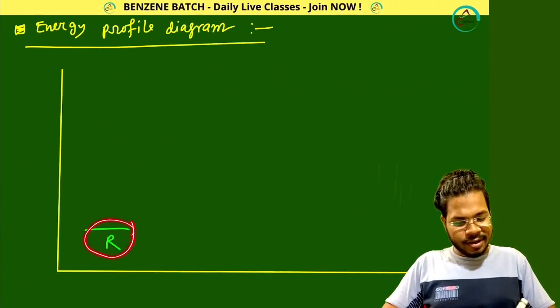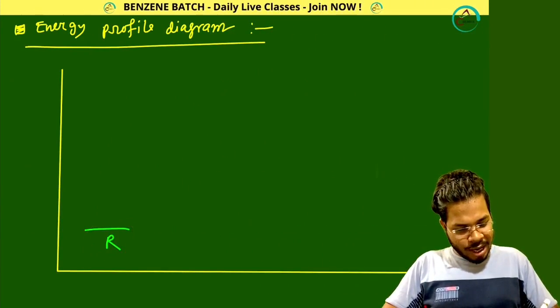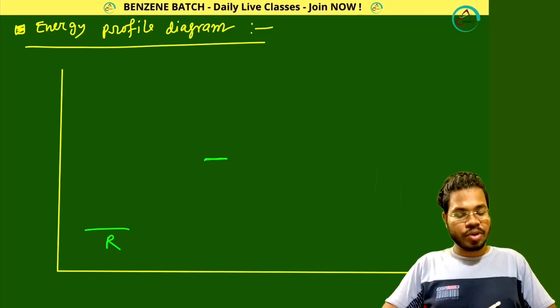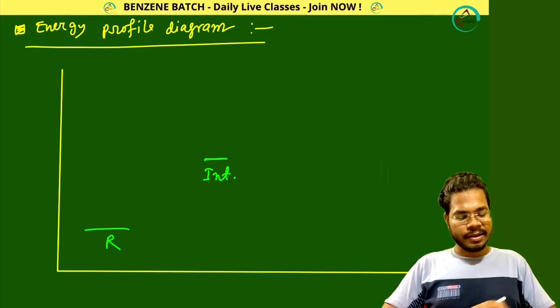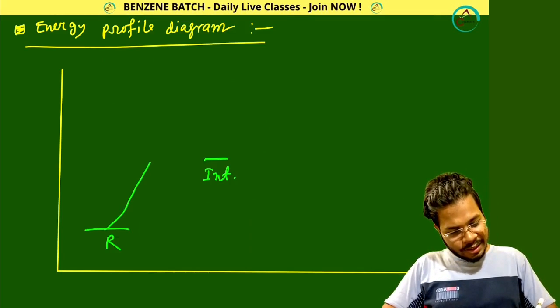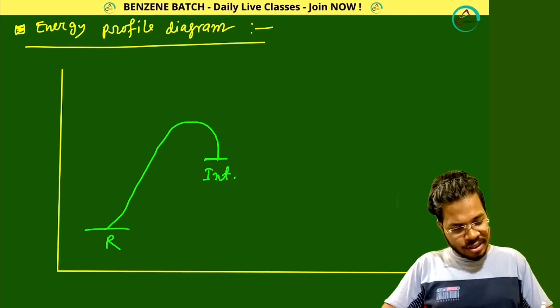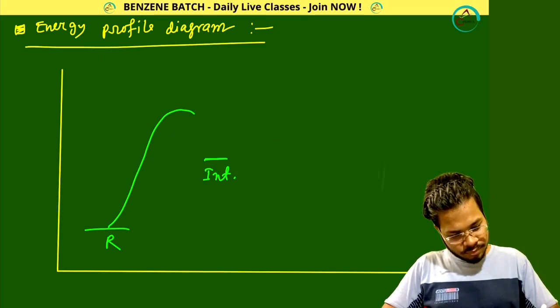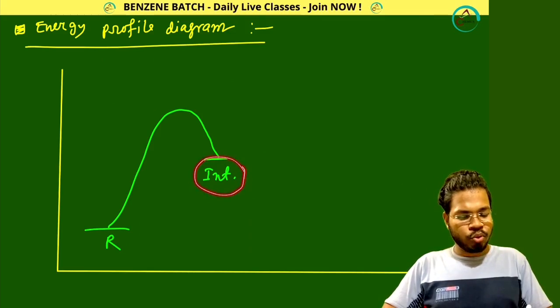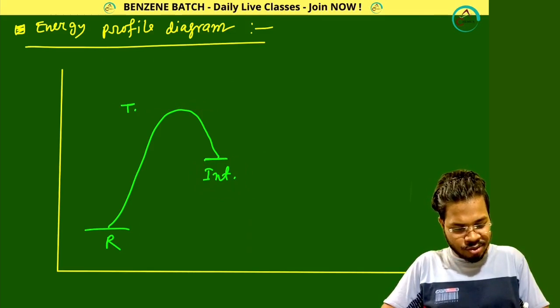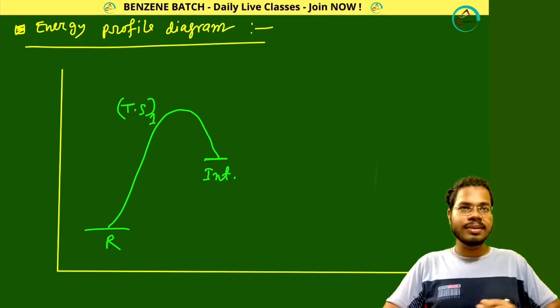This is my reactant. So I am getting this intermediate, INT. How will I get it? It will be formed through a transition state, and that transition state is called transition state 1, isn't it?